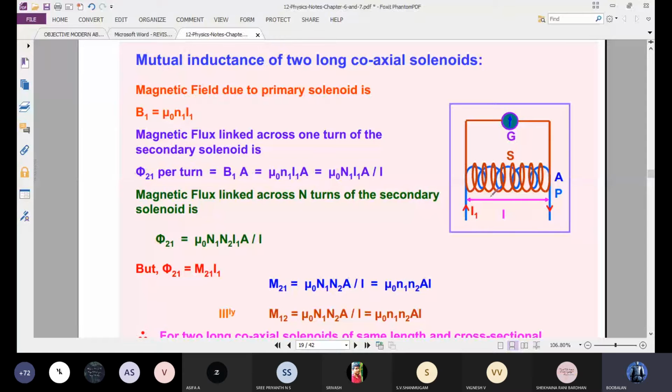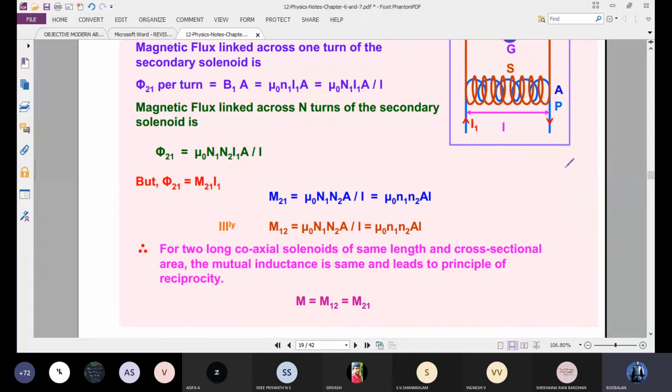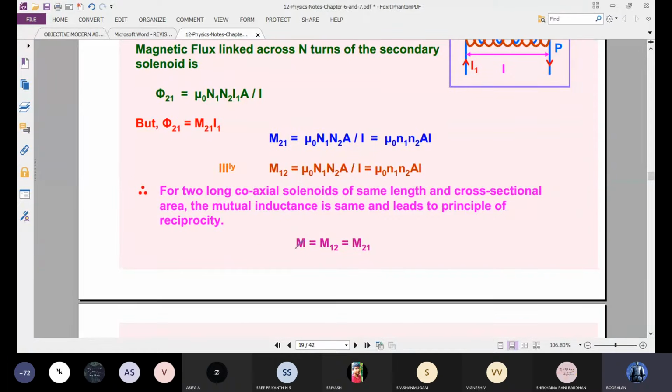The diagram: the I1 current is downward, the I2 current is upward. This is the formula, and both values are equal. The mutual inductance value is equal. Please note down this additional information.